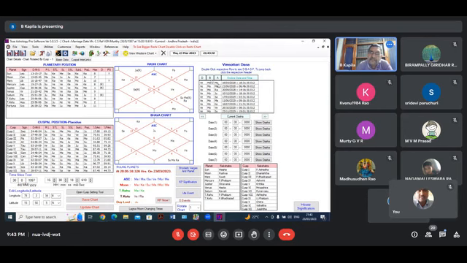Right. Now the next point is I have to select a Sukshma Lord. So what do I need to do to select a Sukshma Lord or a Prana Lord? How do I select which is a suitable Sukshma or a suitable Prana Lord?